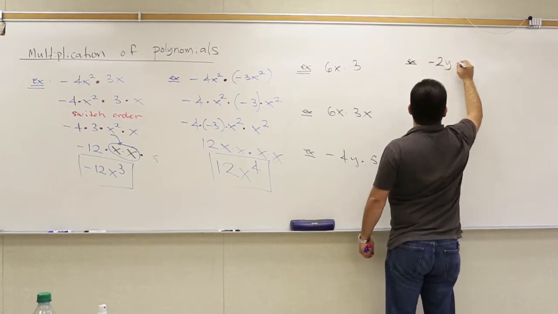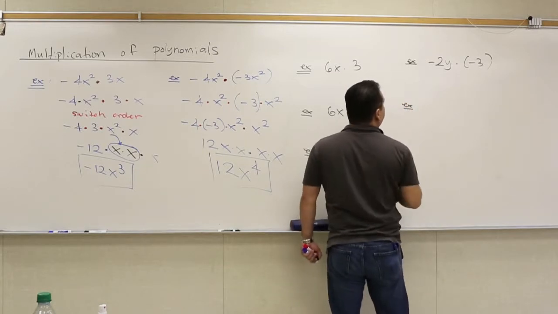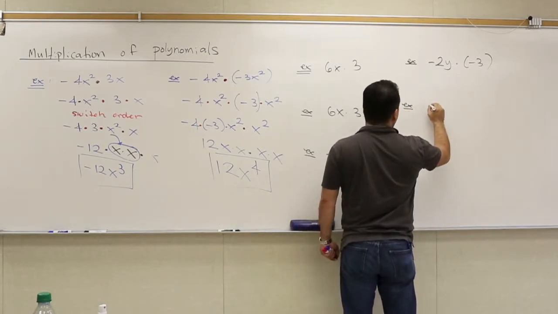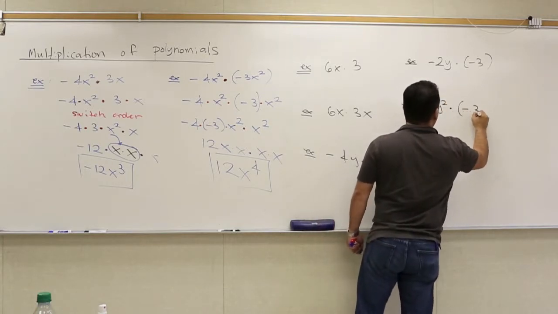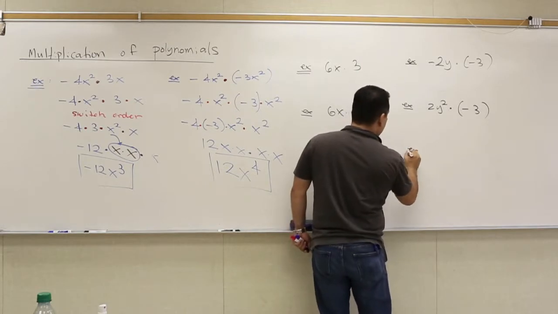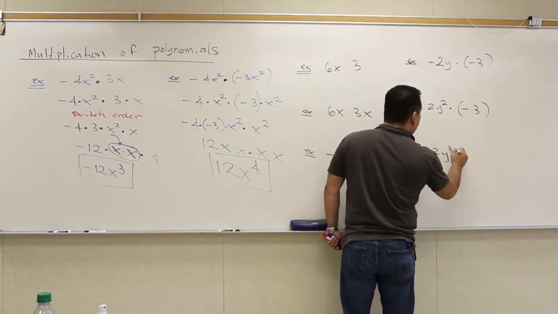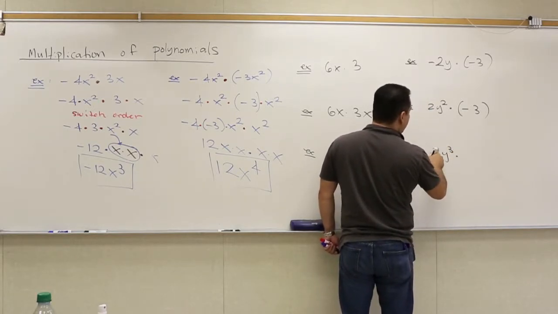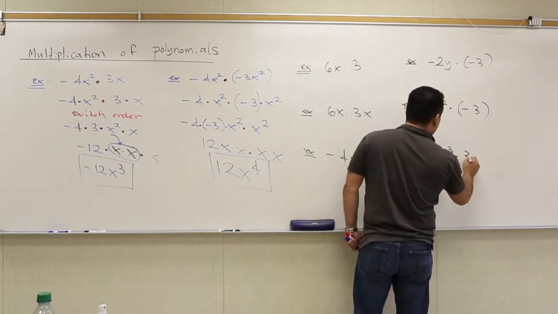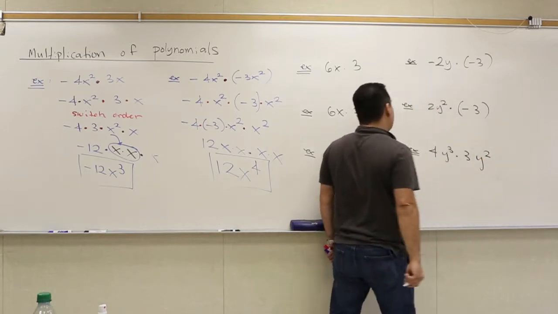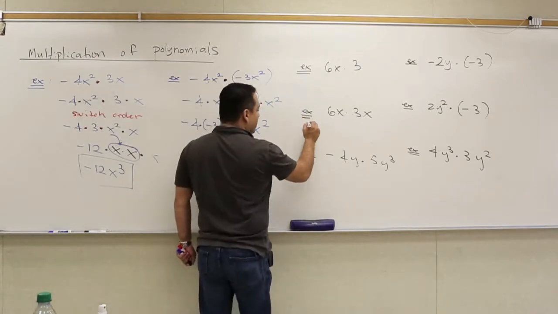Negative 2y times negative 3. 2y squared times negative 3. 2y cubed. All right, let's get away from the number 2. How about if we say 4y cubed times 3y squared? Let's try these out here to make sure you guys are okay with the concept.